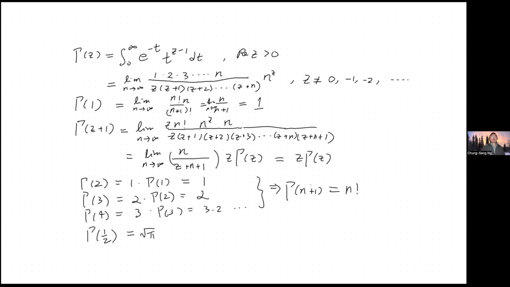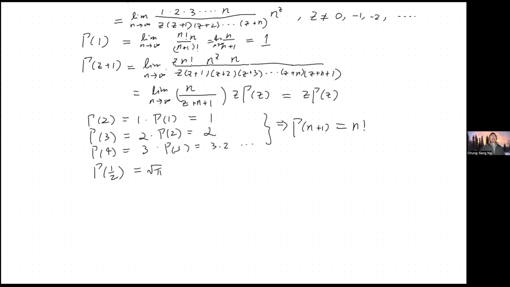Okay, and now we can do the same thing. That's slightly more complicated, so let's see if we can figure it out. So gamma 1/2, and then gamma 3/2 will be 1/2 times gamma 1/2, because of this formula, since 1/2 plus 1 is 3/2.